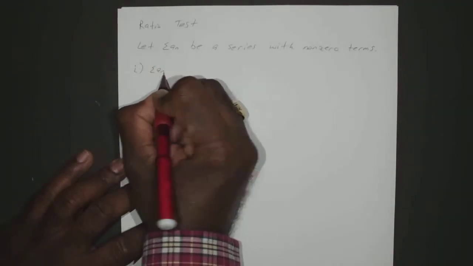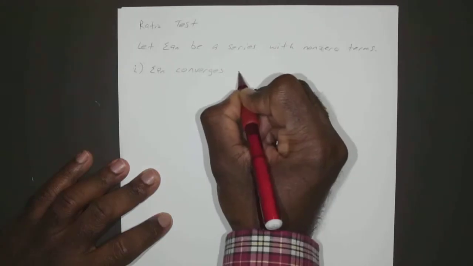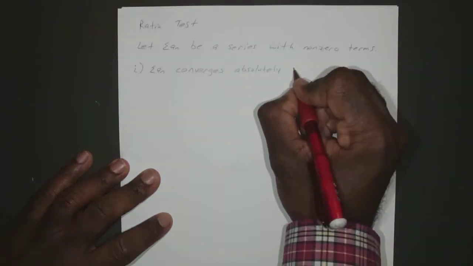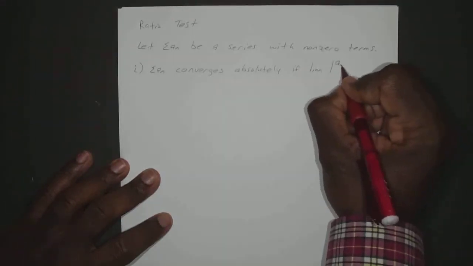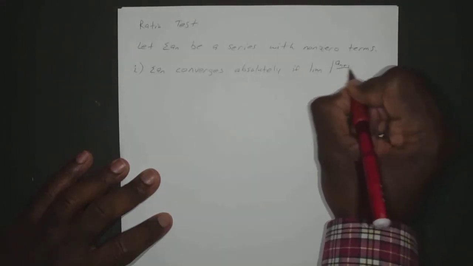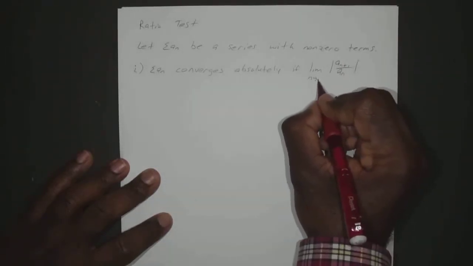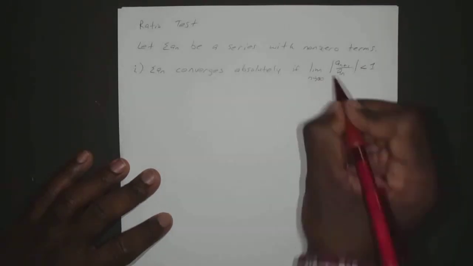One, that series converges absolutely if the limit of the absolute value of a sub n plus 1 over a sub n, as n approaches infinity, is less than 1.